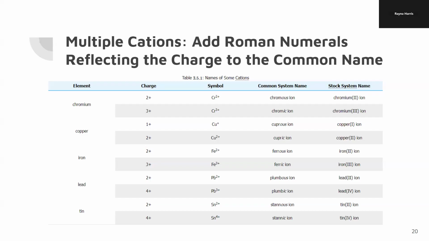And how many 3d electrons does it have? One less than 10, so 9. You would write 9 electrons on that third shell: 1, 2, 3, 4, 5, 6, 7, 8, 9.